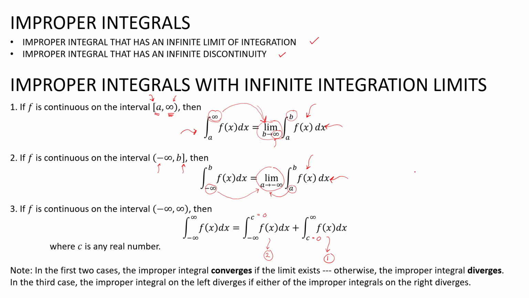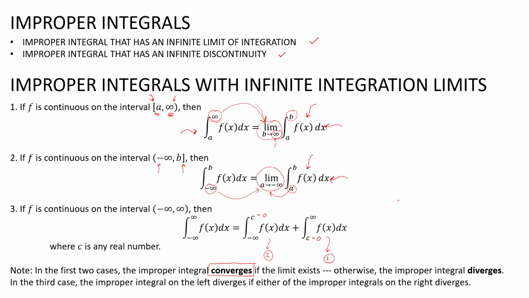Now for your improper integrals, we're going to have two types of answers. Let's say you have evaluated your improper integral. If the limit exists, it is called convergent, or your improper integral converges, or in some books it is converging.